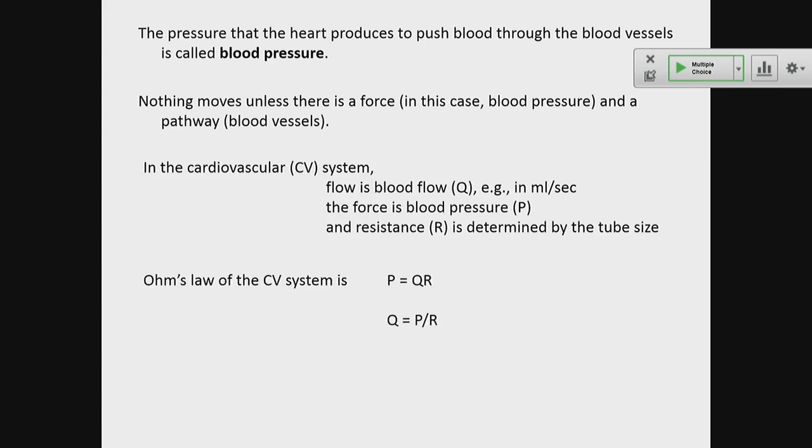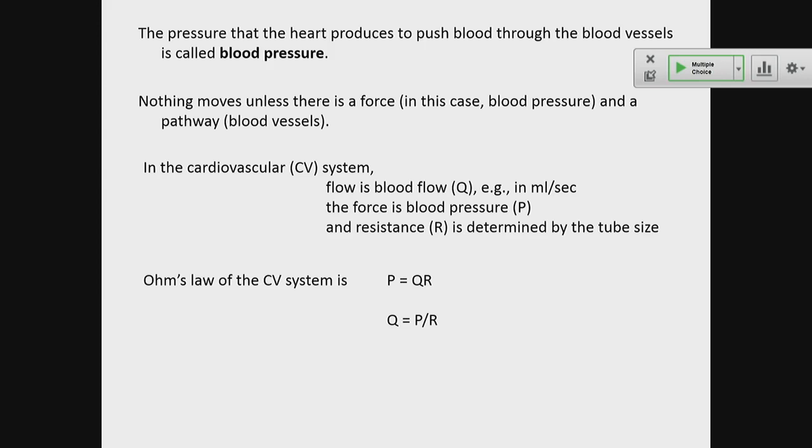The flow that emerges is directly proportional to the pressure, and inversely proportional to the resistance. So the more resistance, the less flow.